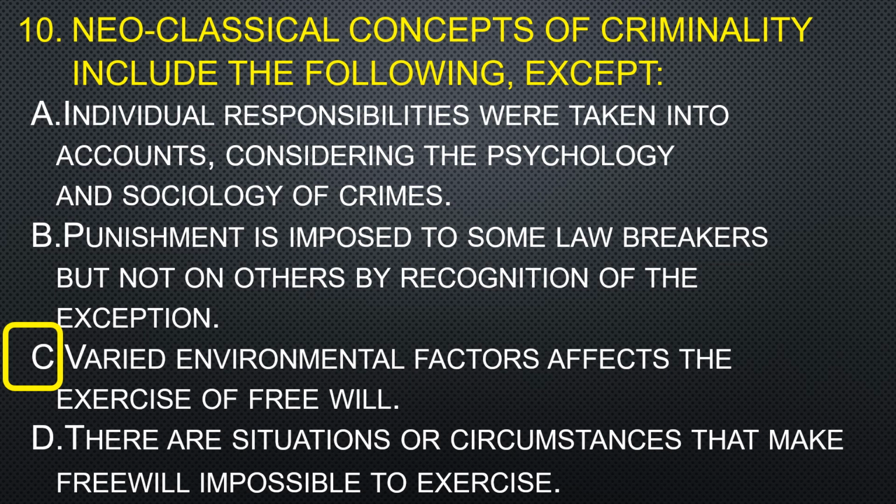The focus is on the psychological and sociological aspect of criminality, and there should be recognition of the mitigating and exempting circumstances, as well as other circumstances that may inhibit the exercise of the free will, meaning that may stop our free will.